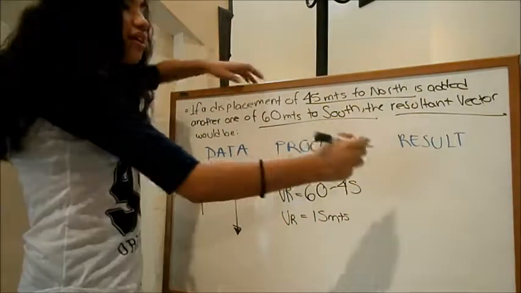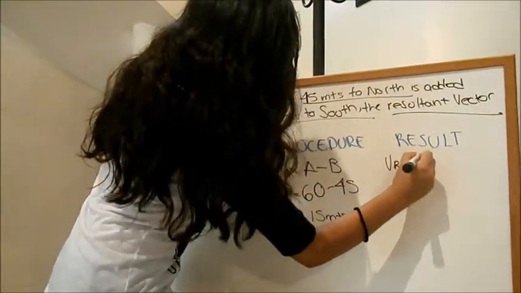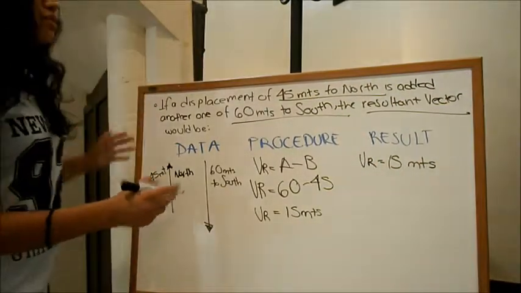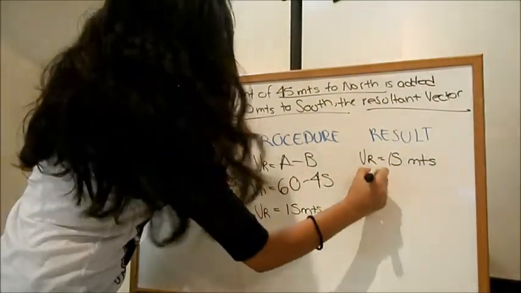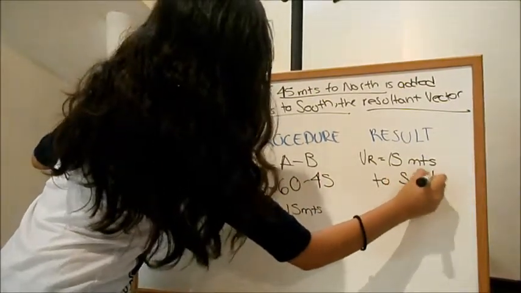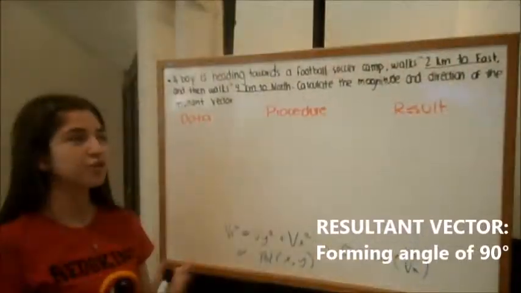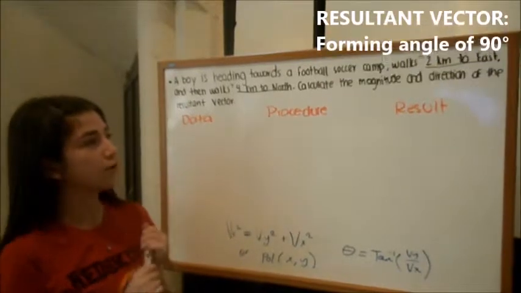Then when we put the result, we just have to put 15 meters, and the direction will be the one of the bigger vector, so it is south. And we're done.